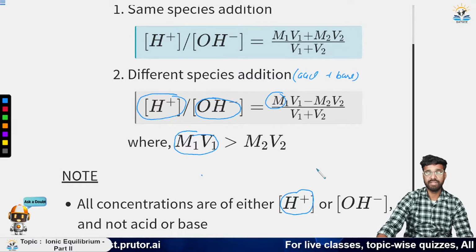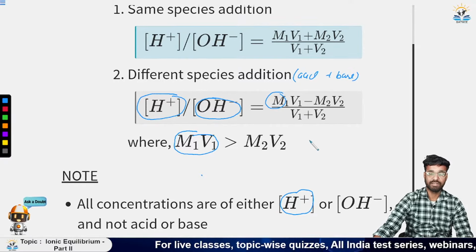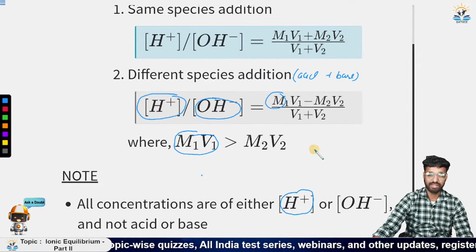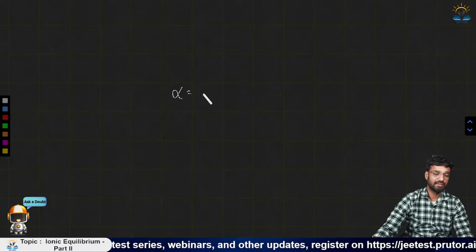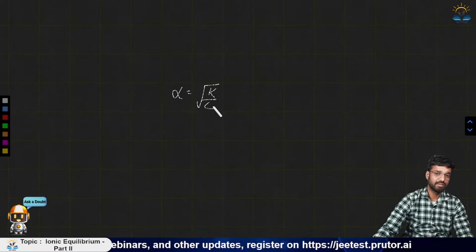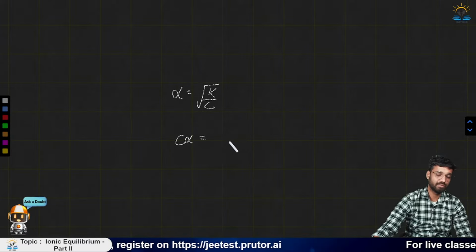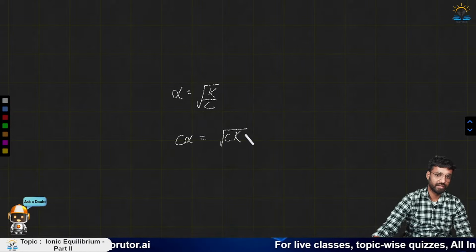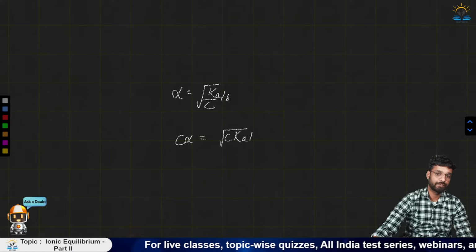But if we are considering a weak acid or weak base, then we have to find the concentration. For those who do not know the formula, I have taught it in the earlier class also. We know that alpha is given by the square root of K by C. Therefore, the concentration is C alpha, for monoprotic acid, where Ka is for acid and Kb is for base.